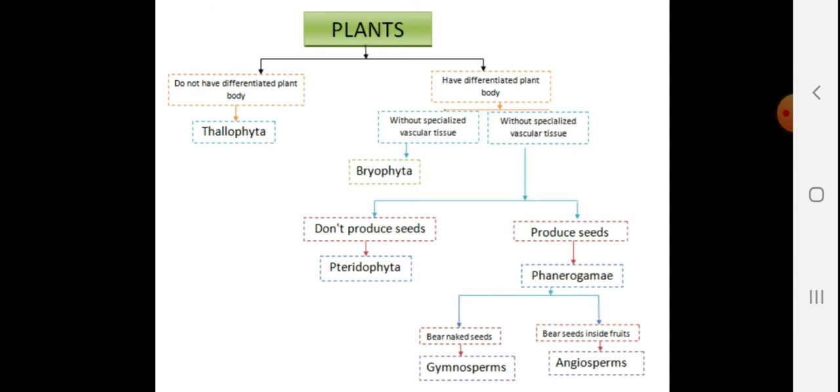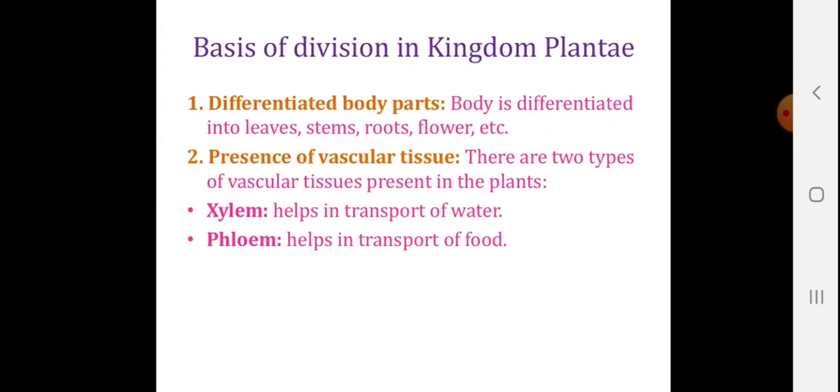Those that do not produce seeds are Pteridophyta, and those that produce seeds are Phanerogams. Phanerogams further divide into those which bear naked seeds and those which bear seeds inside a fruit. They are further classified as gymnosperms and angiosperms.